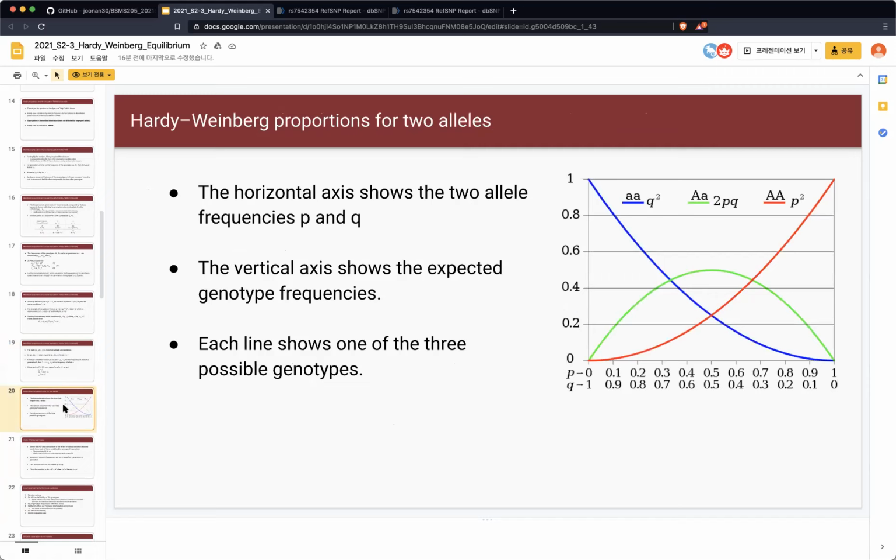And again, if you plot that into a graph, it perfectly matches the balance. Whatever the frequency of the large A allele or small a allele, whatever changes, it constantly sums up to 1, because that is the total proportion in a population, and they are exactly complementary to each other.